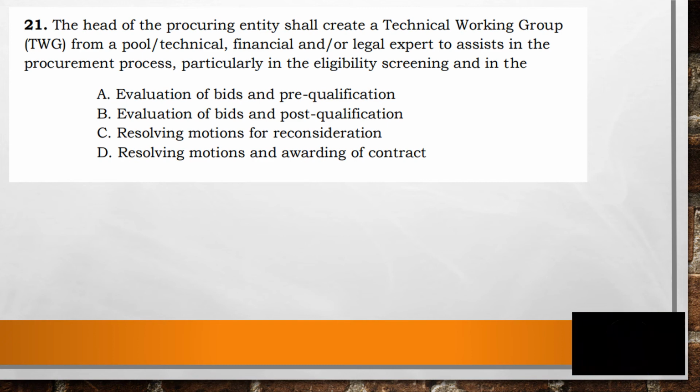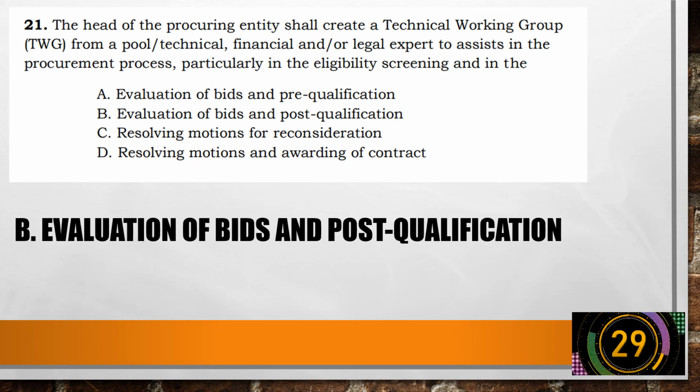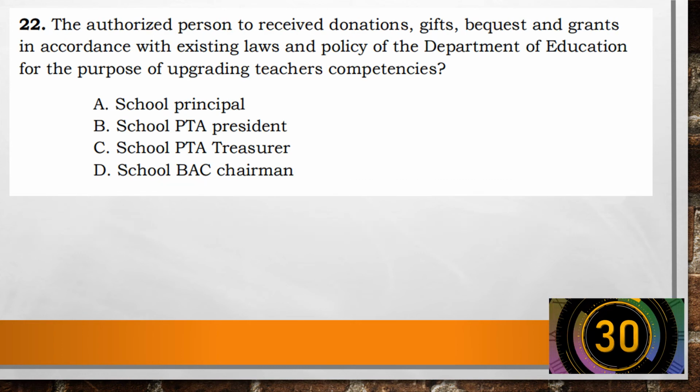And the correct answer is letter B, evaluation of bids and post-qualification. 22. The authorized person to receive donations, gifts, bequests, and grants in accordance with existing laws and policies of the Department of Education for the purpose of upgrading teachers' competencies. Letter A, school principal. B, school PTA president. C, school PTA treasurer. And letter D, school BAC chairman.